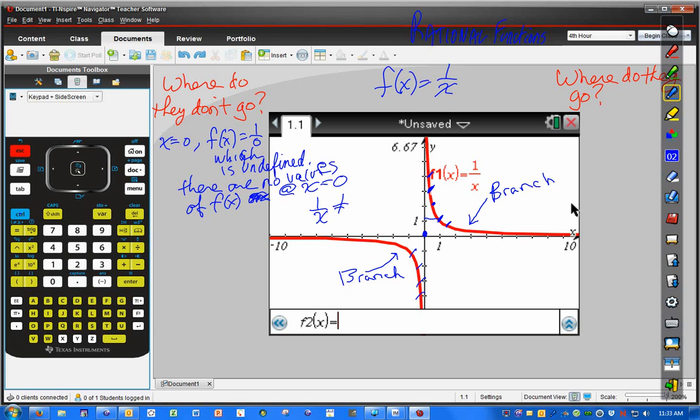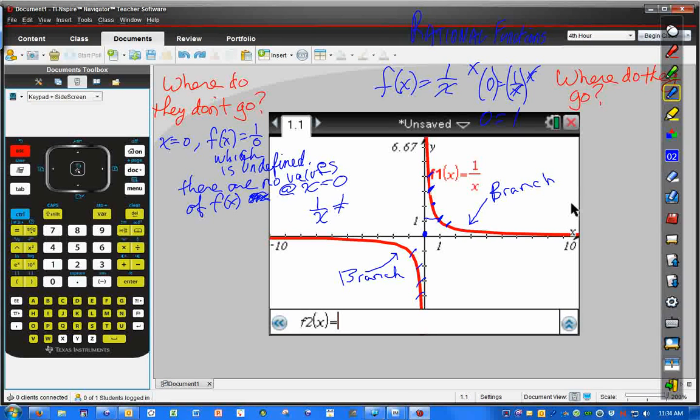Just think, if I say I want this to be equal to 0, 0 is equal to 1 over x. How do I solve for x? Multiply both sides by x. Those x's divide out. I'm left with 1 is equal to 0.